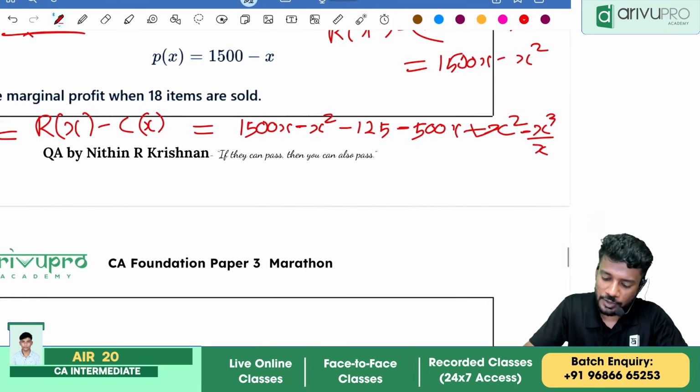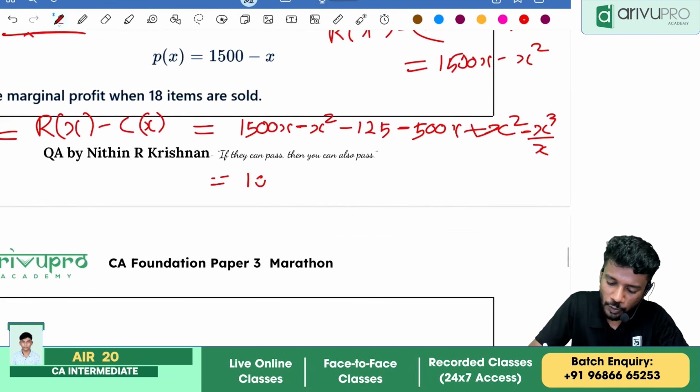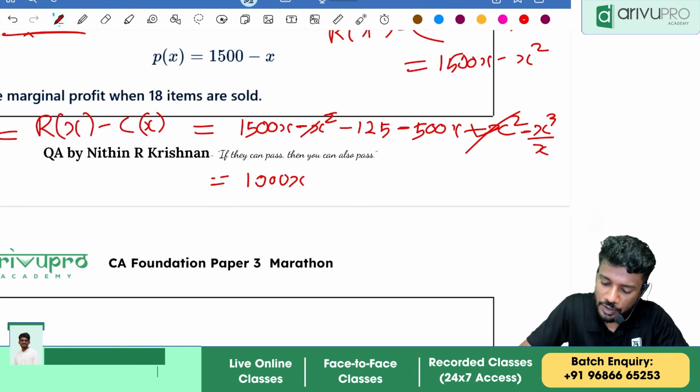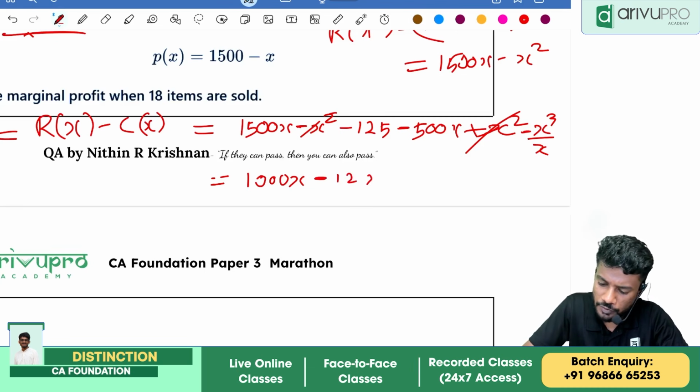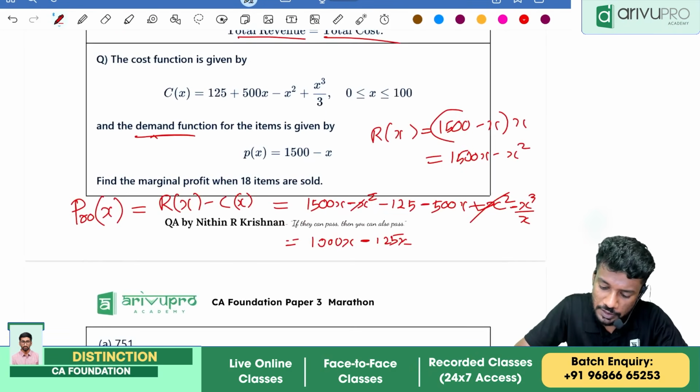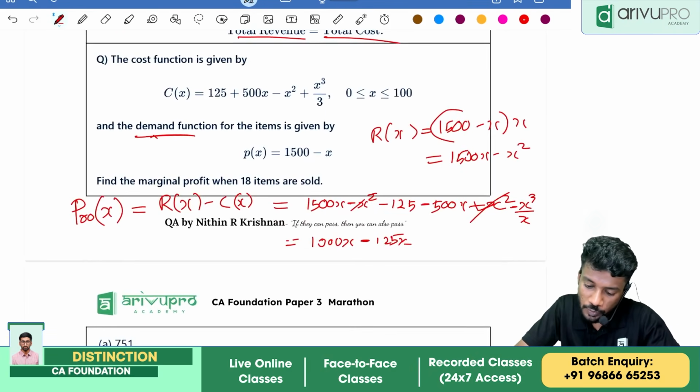Now you tell me how much is remaining. The 1000x remains, and minus x square plus x square cancelled off. What is remaining? Minus 125.